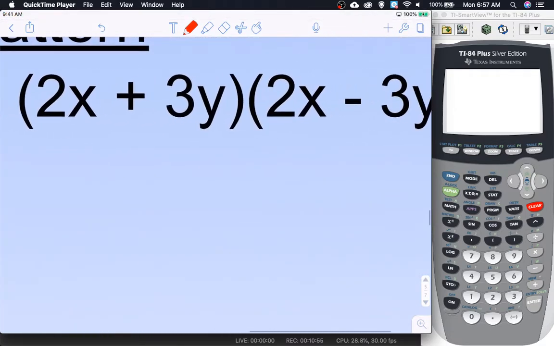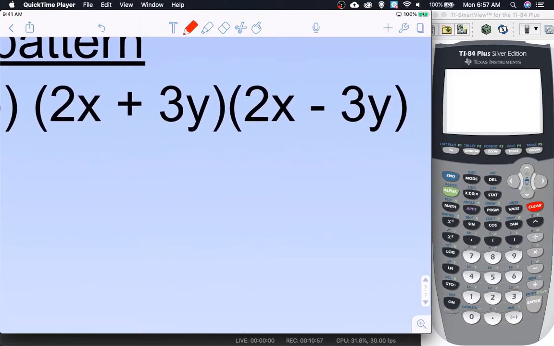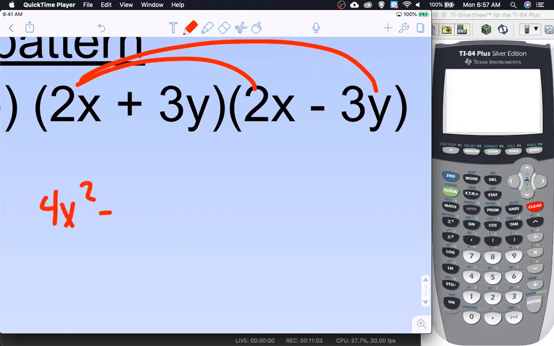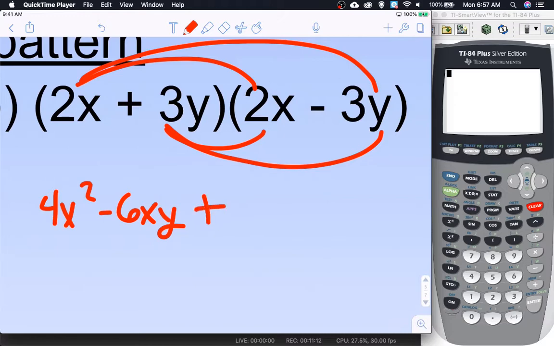Each of the next bunch of problems will follow that same thing, like when I multiply here and here. 4x squared minus 6xy. When we multiply the 3y through, we're going to get positive 6xy, which is how those two middle terms cancel out. One's a plus and one's a minus.